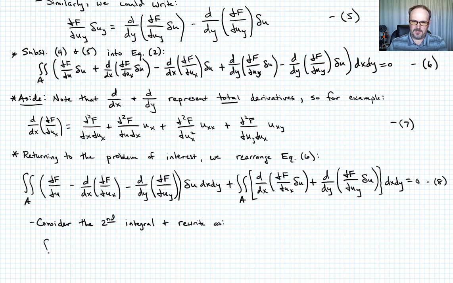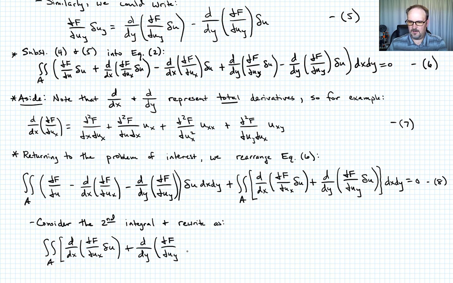In this case, we'll say this is the integral of this quantity here, d/dx of partial f with respect to ux, delta u, plus d/dy of partial f with respect to uy, delta u, dx dy.